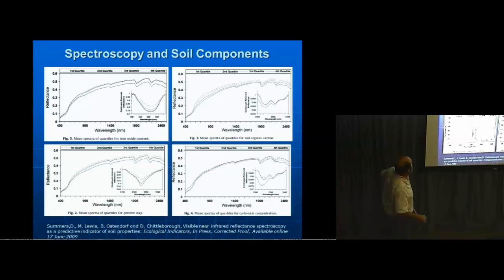These have to do with iron oxide here, organic carbon there, clay here, and carbonate here. Those are common components of soil. And what this is showing is that as the amount of a certain material increases, the absorption bands change in depth.